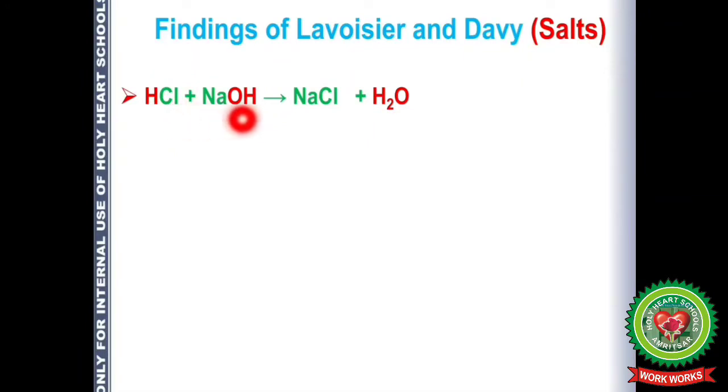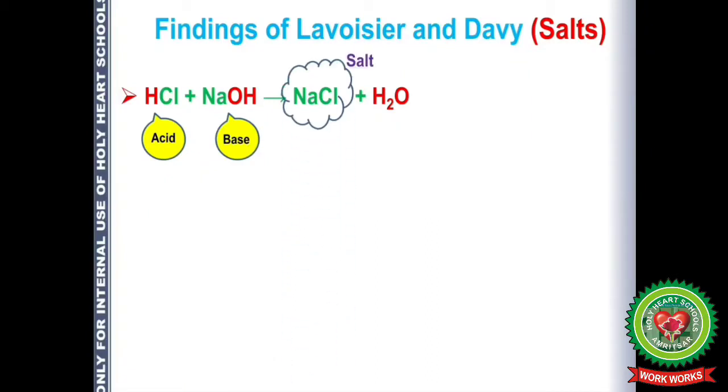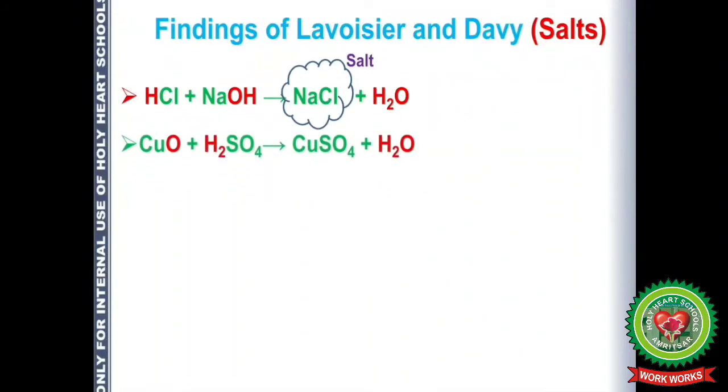The hydrogen part of the acid and the OH part of the base will react to form water, and what is formed here is salt. So HCl is an acid, NaOH is a base. They combine together to form NaCl, which is a salt. So an acid and a base combine to form salt.